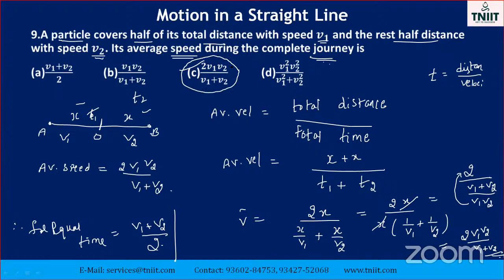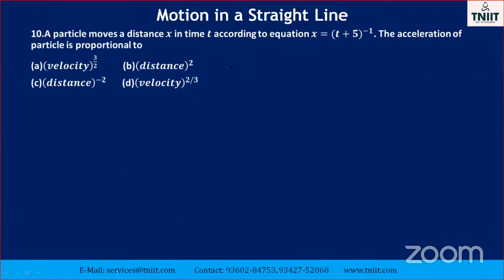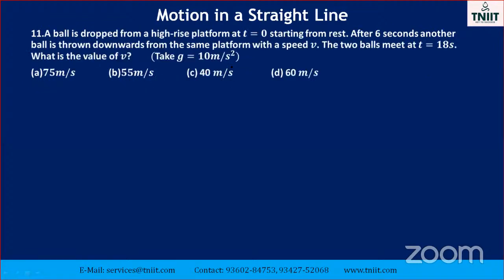This is the average speed when the first half of the journey is at V1 and the next half is at V2. This I can also solve later, after teaching differentiation and integration, students.